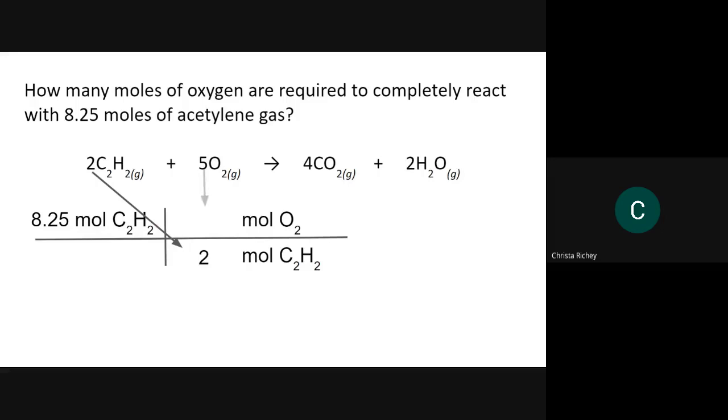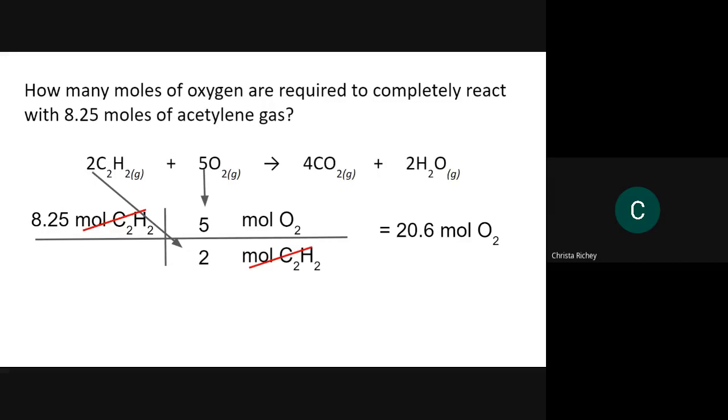The 5 in front of the oxygen gas is going to go in front of that. Moles of the acetylene are gone, so it would be 8.25 times 5 divided by 2. And if I round it to 3 significant digits, I get 20.6 moles of oxygen gas.